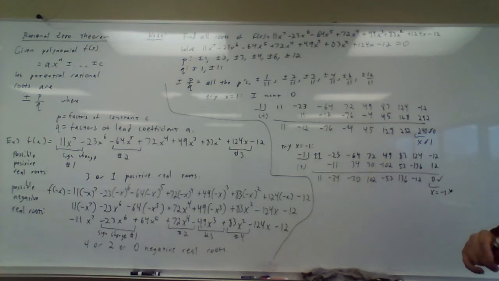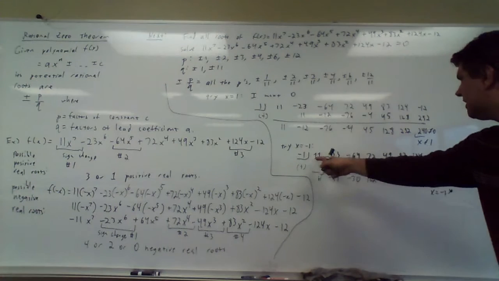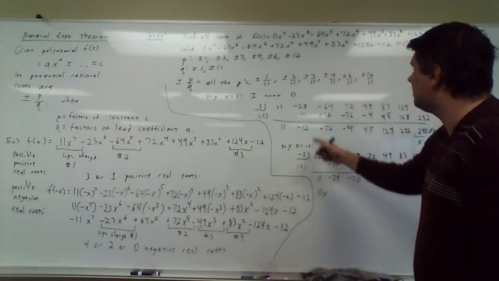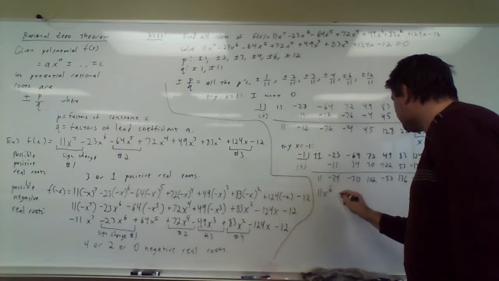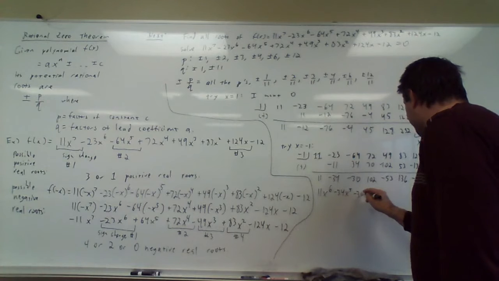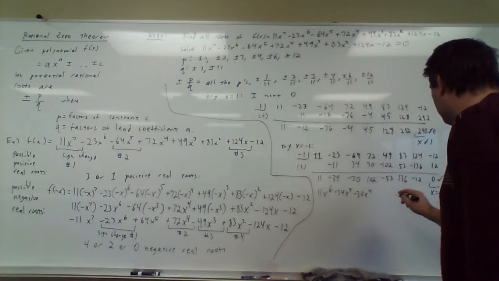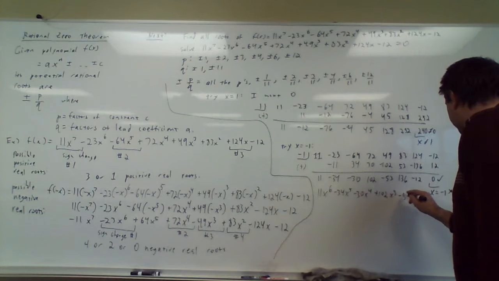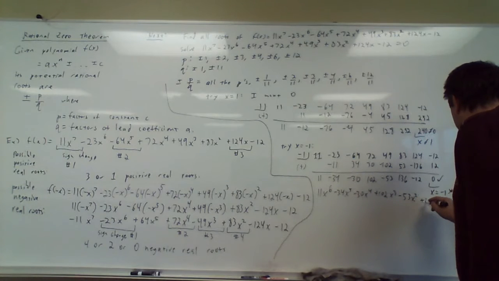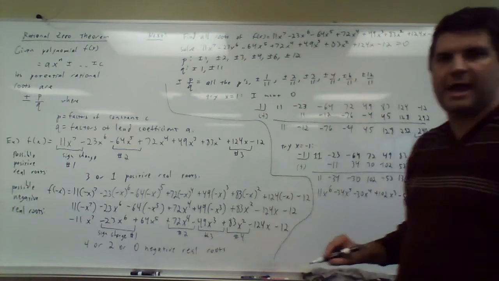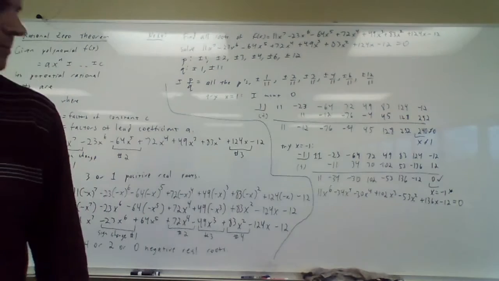Because this process also doubles as synthetic division, we have 11x to the 6th minus 34x to the 5th, minus 30x to the 4th, plus 102x cubed minus 53x squared plus 136x minus 12 equals 0. We're now going to solve that next.